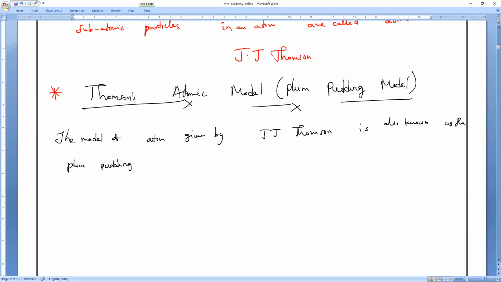In my exam, theoretical part questions will come. You have to write neatly, otherwise you cannot get full marks. Plum pudding model of an atom or watermelon model.